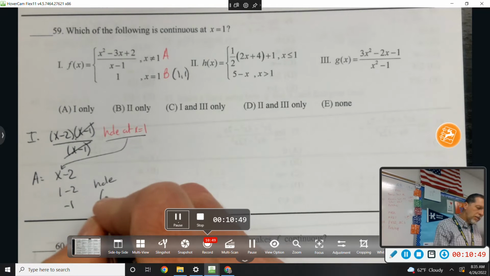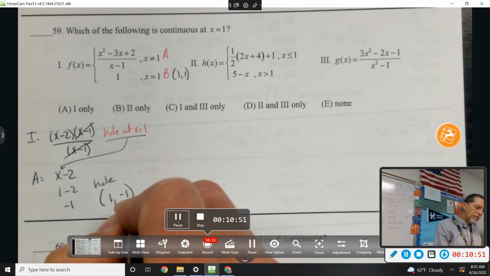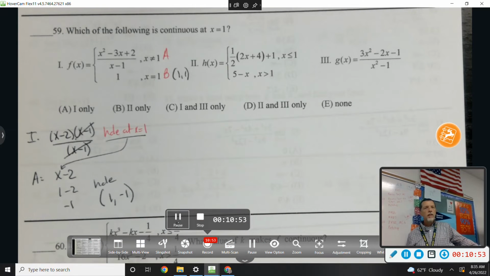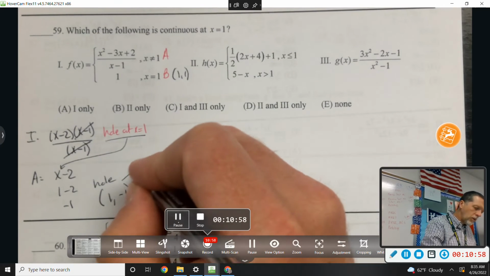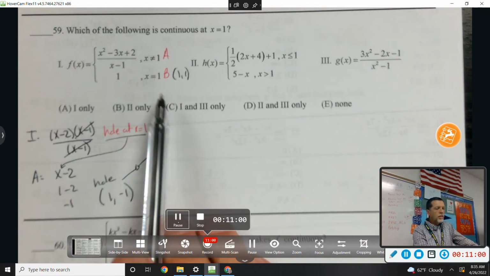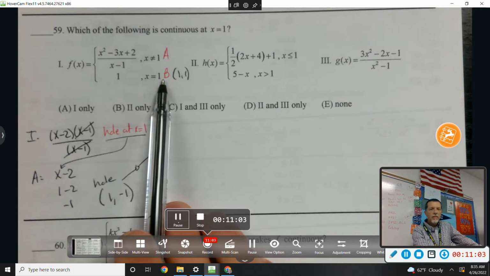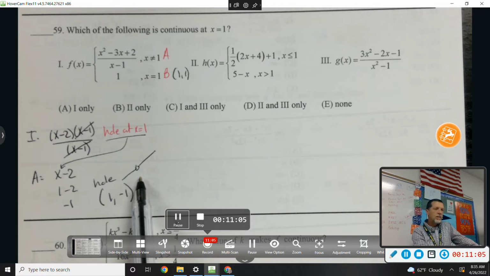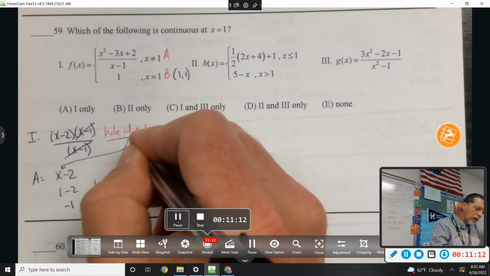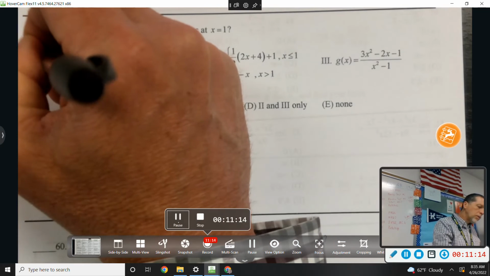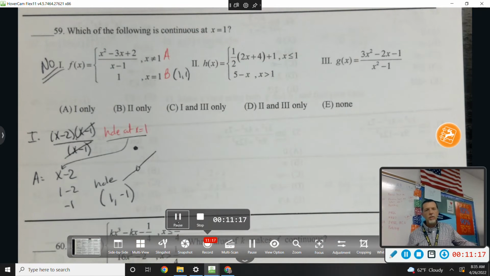So there's a hole at 1, negative 1. Does part B fill in the hole? No, because that dot's at 1, 1, so that'd be up here somewhere. So Roman numeral 1 is a no, not continuous. It had a hole and it was not a filled in hole.